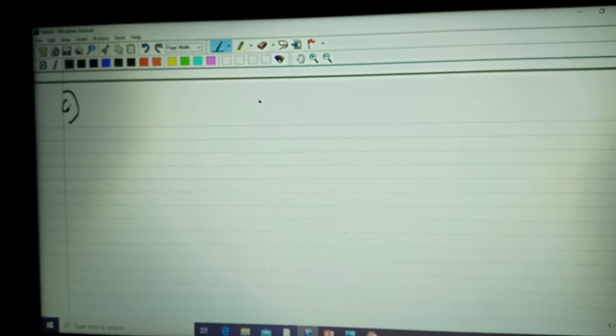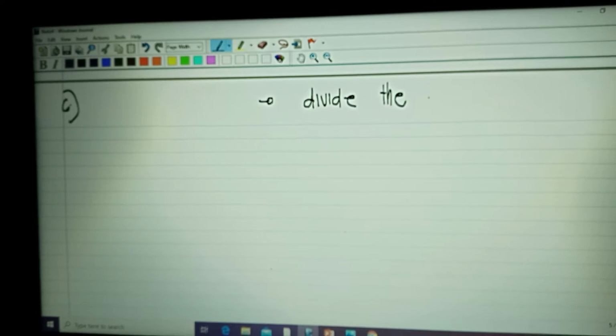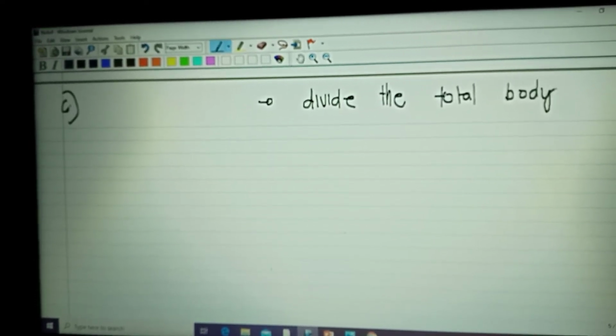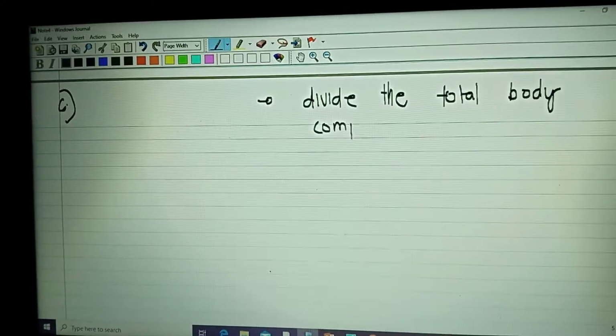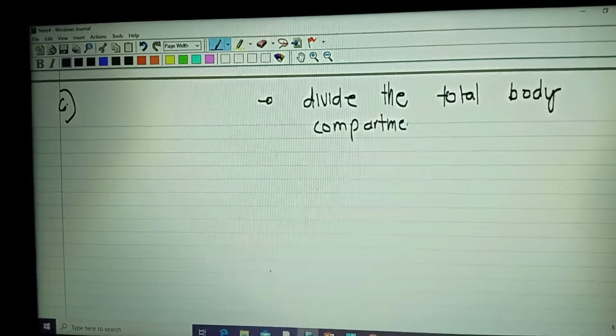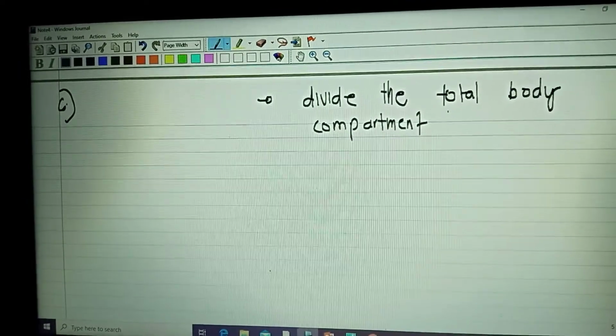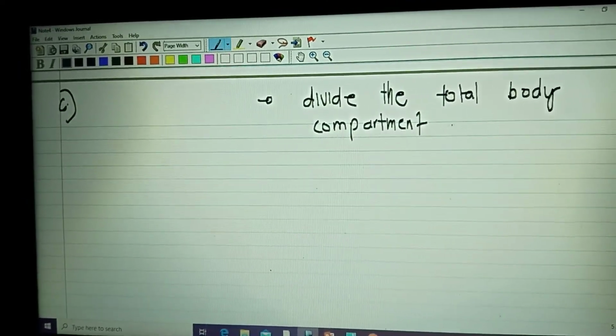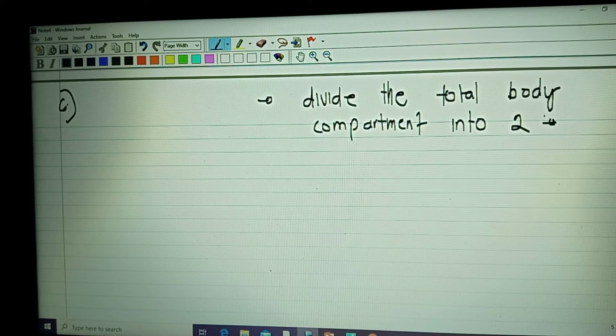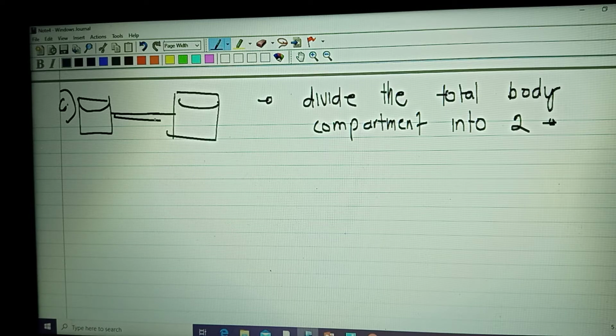Divide the total body compartment into 2. Okay, so let me draw that.